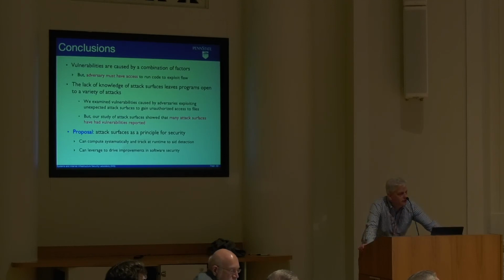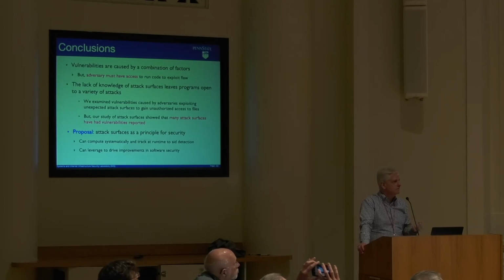So to conclude, we've seen over the years, I'm sure you've all seen that vulnerabilities are caused by many factors, but one of the key factors, and maybe we haven't been paying enough attention to this, is the notion that the adversary must have access in the first place, and that we don't really track where the adversary may have access.